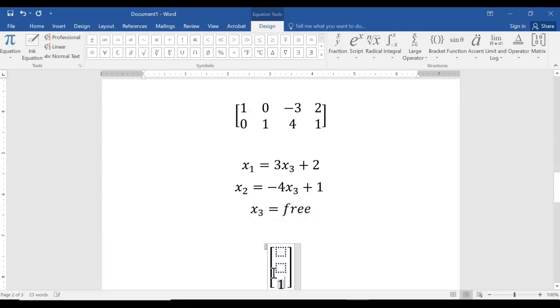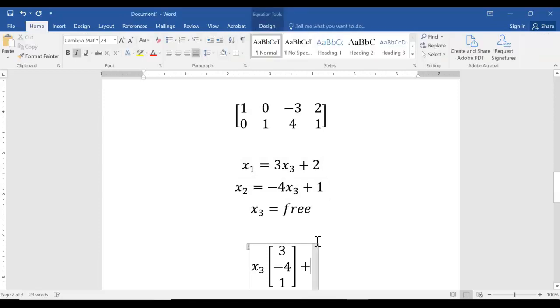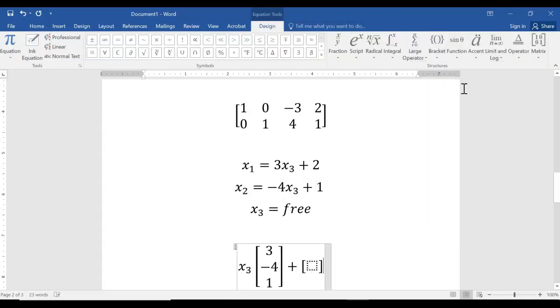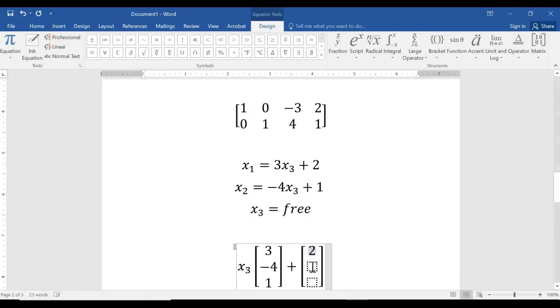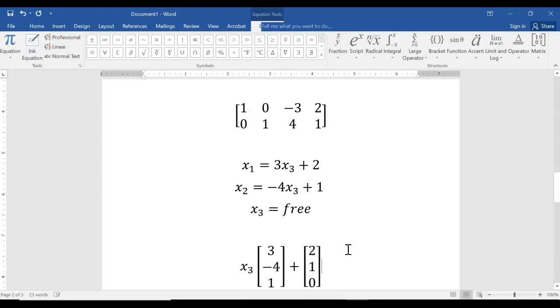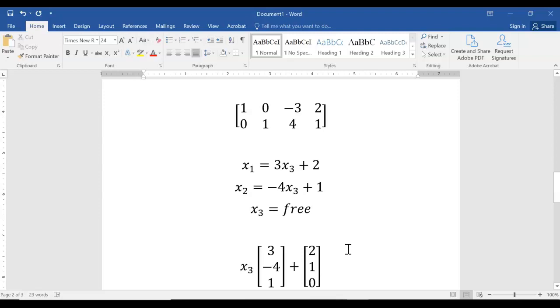If I let 1 be the coefficient of x3, my parametric form would look like 3, negative 4, 1 times any x3 plus the vector 2, 1, 0. My apologies there. So that would be the parametric form, okay?